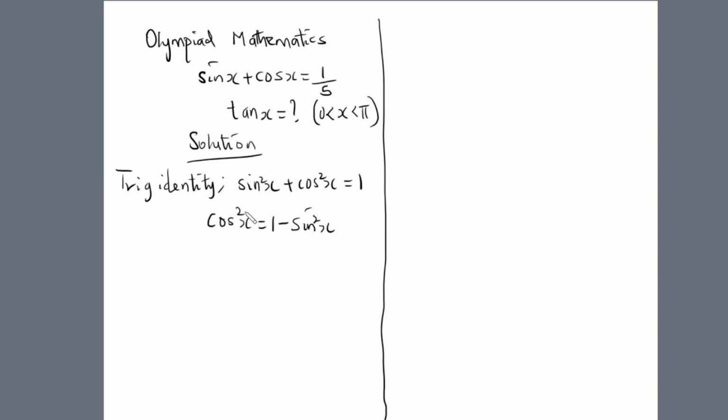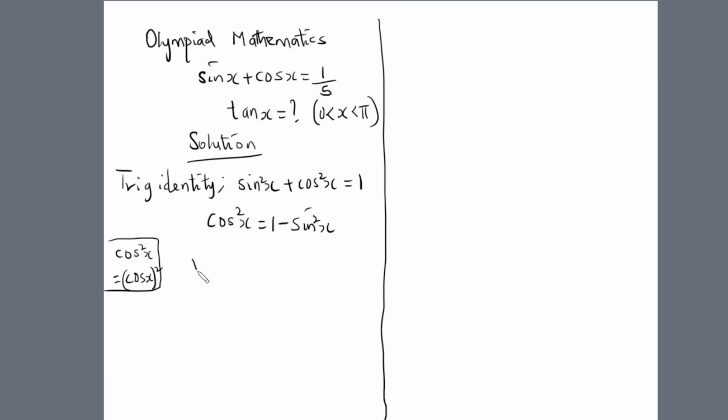Now I can take the square root of both sides. Please take note, cos squared x is the same thing as cos x all squared. So if I take the square root, I can just cancel out that square.